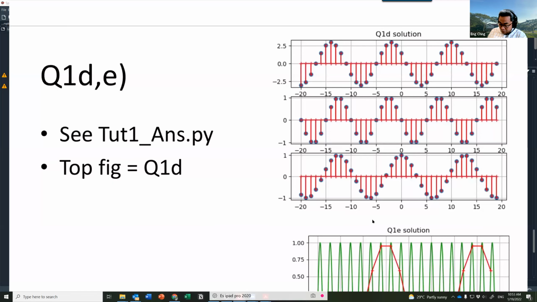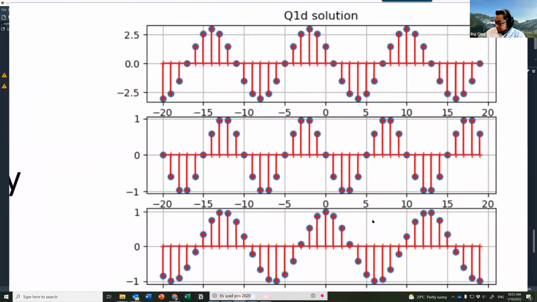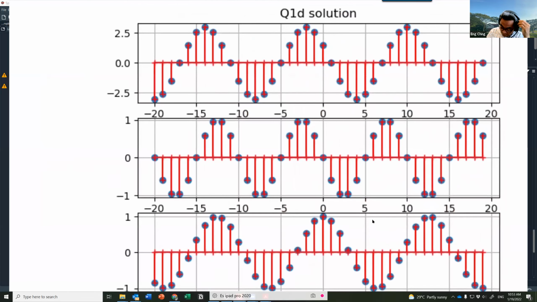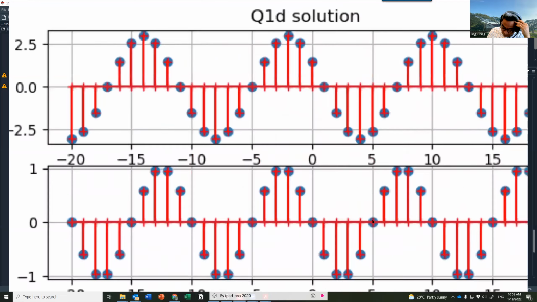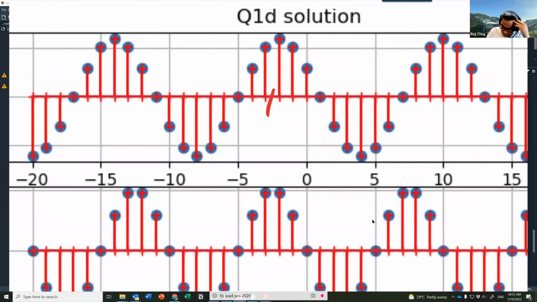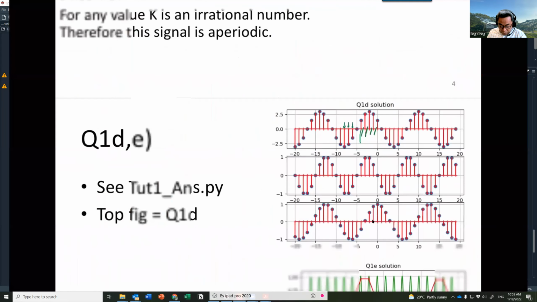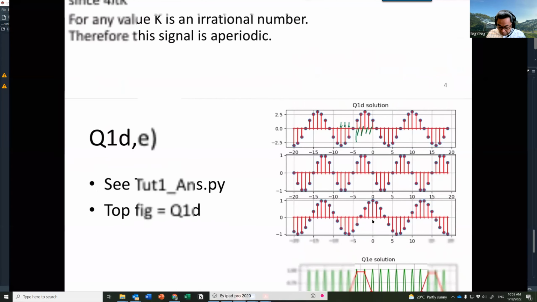I want you to draw for me this, guys. Remember that nothing exists between these points here. Only values exist at every time index. Okay, so that's question 1D.